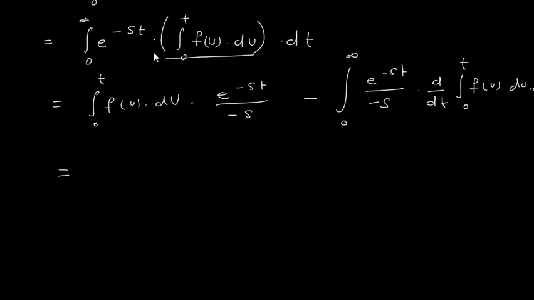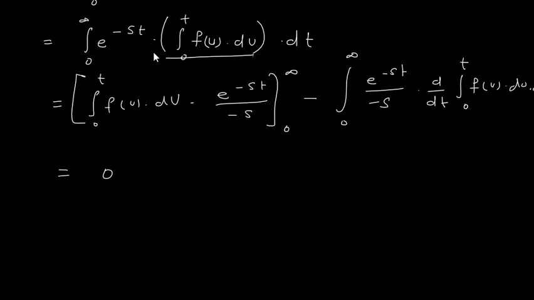Now the limit of integration is between 0 to infinity. If I put infinity in place of t, I will get 0, and if I put 0 in place of t, I get the integration limit 0 to 0, and its value is 0. So this whole part is 0.